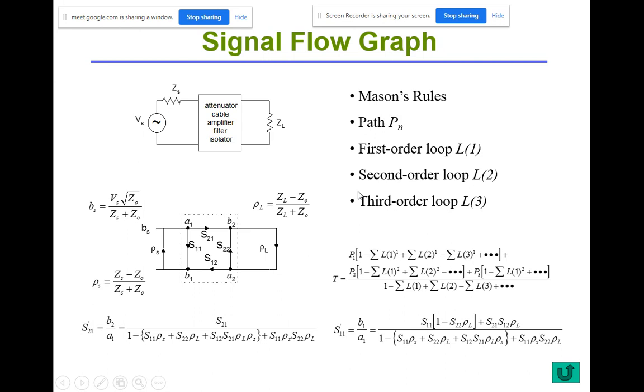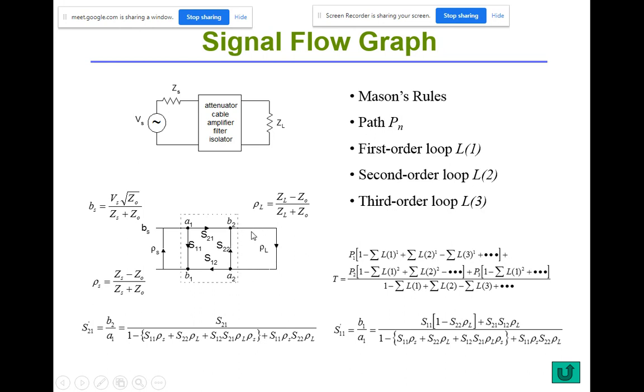But that is not all. You must also define what is first order loop, second order loops, and third order loops. First order loop means the gain of the loop. For example, here you have a loop. So each loop has a certain loop gain.